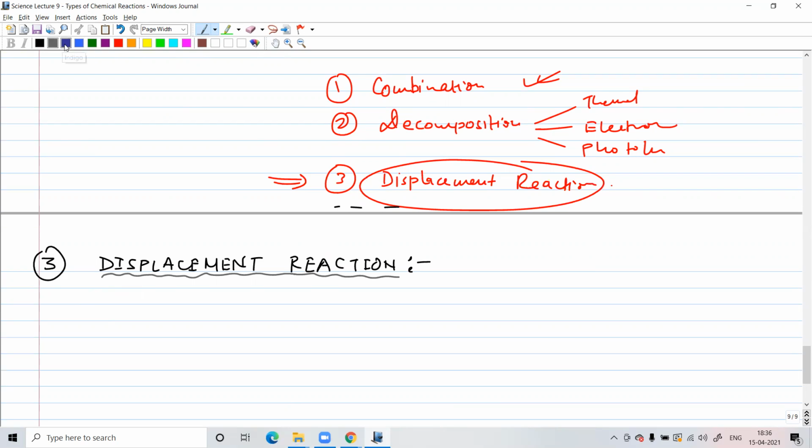Like always, we'll start with the definition. What would you say, what is a displacement reaction?